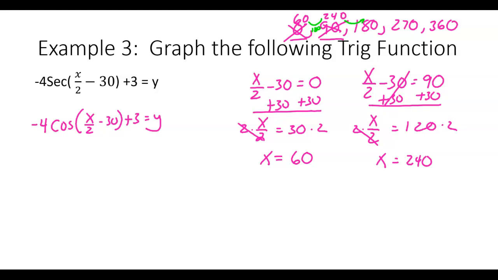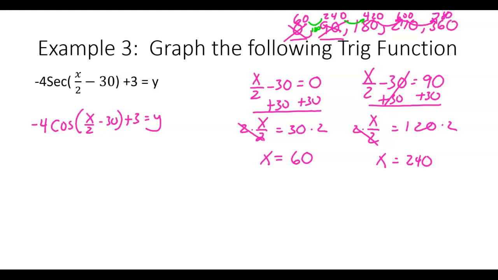So 240 plus 180, the next one's going to be 420. Add 180 again, I get 600. And finally, add 180 again, I get 780.